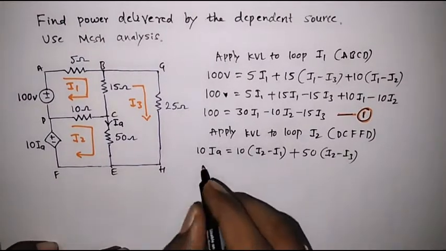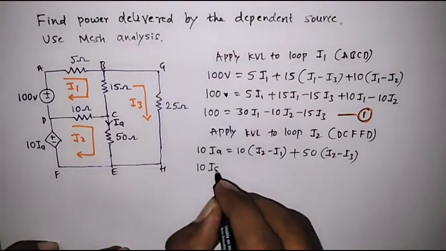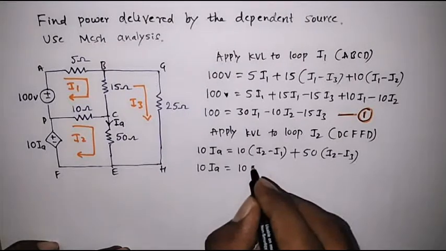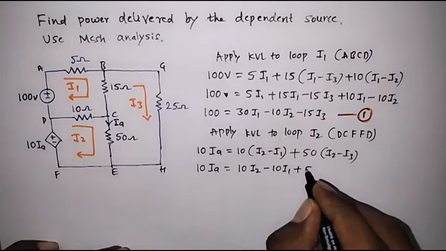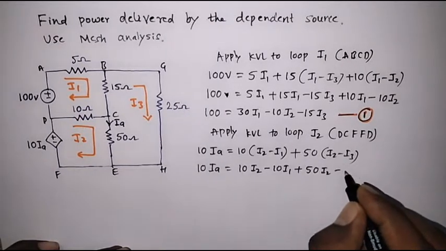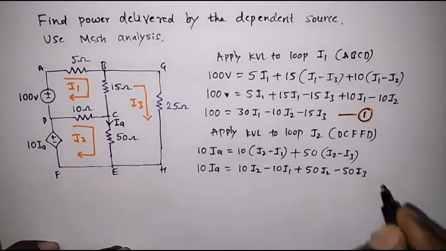We'll simplify this. 10 IA is equal to 10 I2 minus 10 I1 plus 50 I2 minus 50 I3.